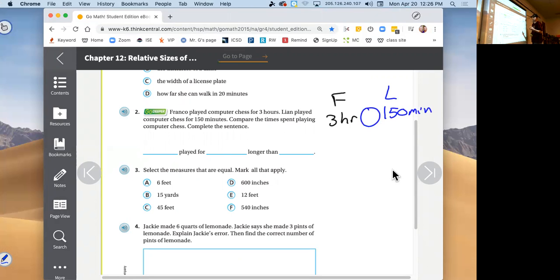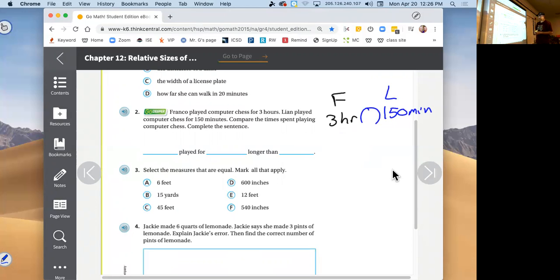So we've got to compare that. Which one's bigger? Well, we know that 1 hour equals 60 minutes, and we have 3 hours, so we need to do 3 times 60. And then you can compare them. Okay, so you do that, and I will have the answer sheet for you to check your work.